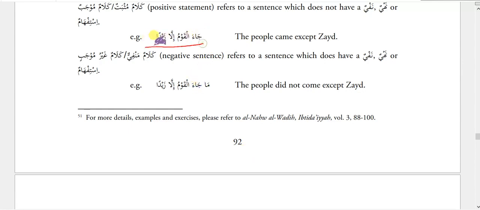In the above example, ja'a al-qawmu illa Zaidan, the qawm came except Zaid. But when we added ma, it is providing the denial of qawm. It means the qawm is the one who did not show up, only Zaid showed. Only Zaid came, the whole qawm did not come.